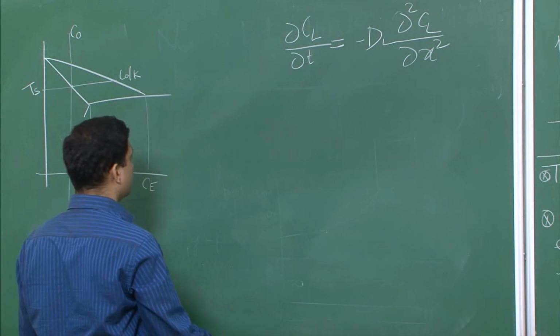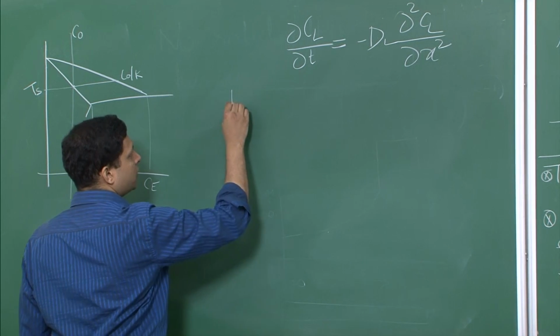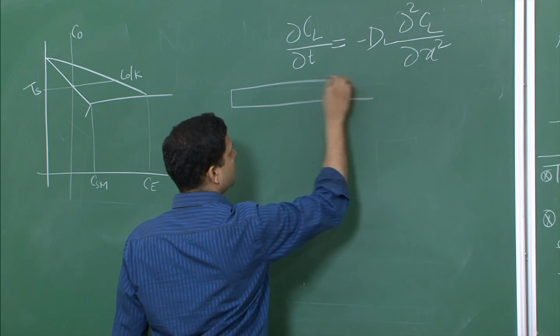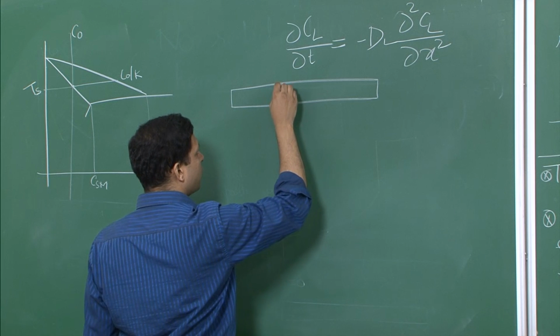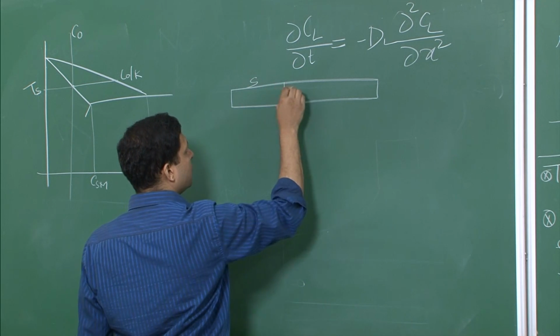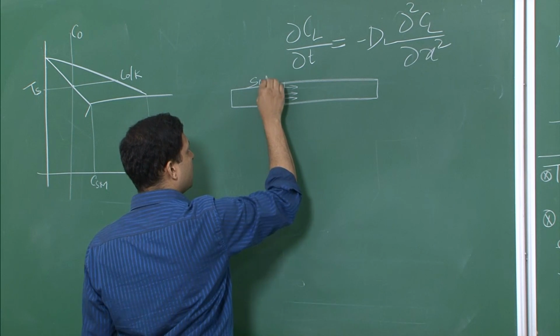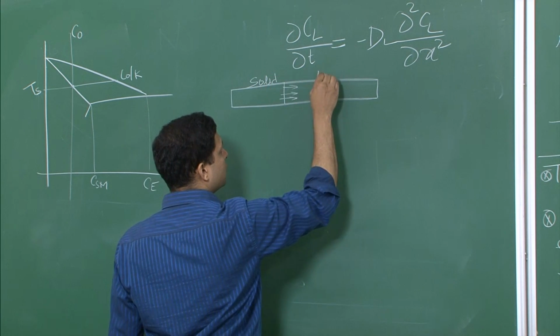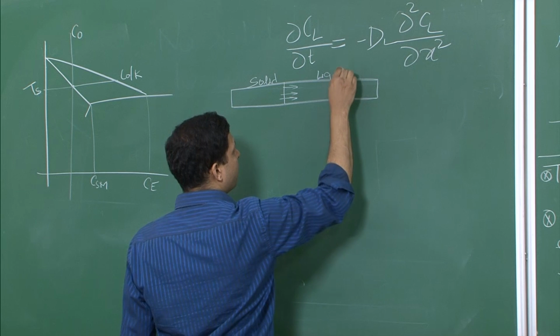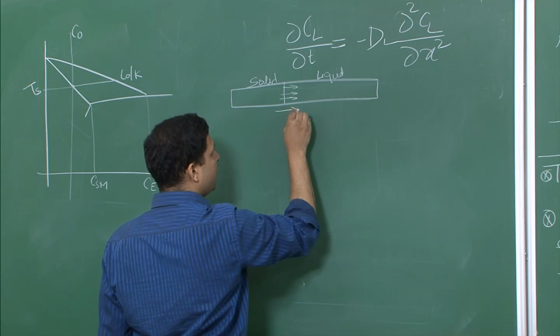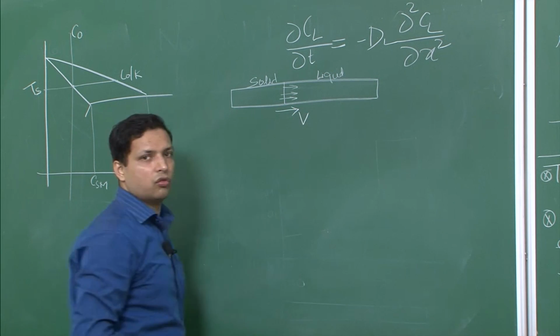So if we look at the interface, let us say this is the crystal that was growing, this is the solid part. From here the solute is getting rejected into the liquid. So this is the solid part, this is the liquid part, and this interface itself is moving at some velocity v.